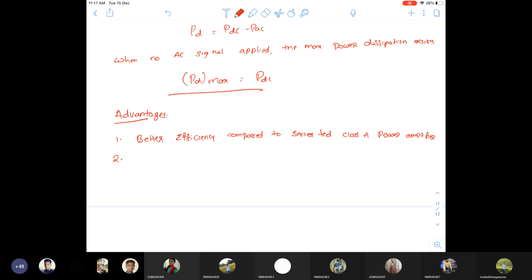And next disadvantage? Second disadvantage: power dissipation is more. Here also power dissipation is more. Same formula, so that is not overcome here. Next, impedance matching.